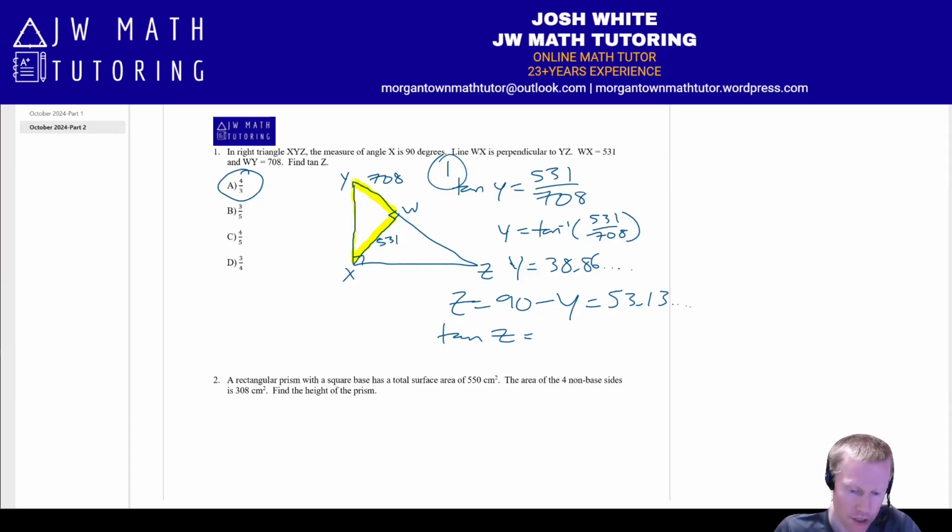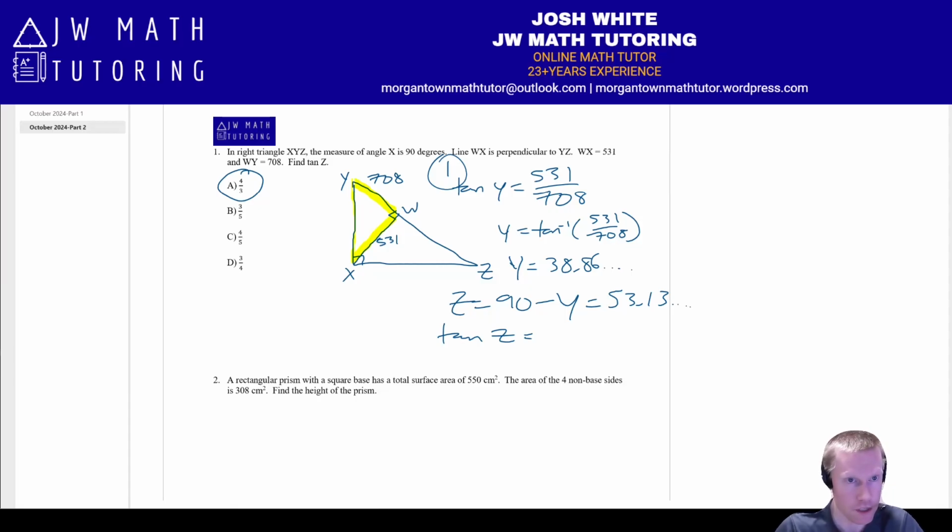Next, you could go ahead and notice that the tangent of angle Z is going to equal xy over xz.